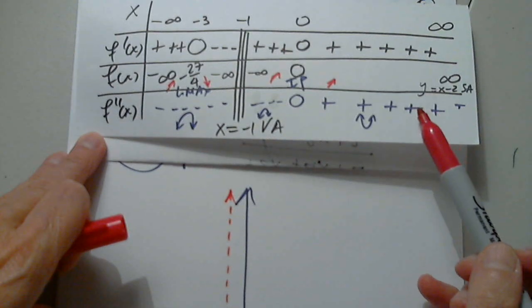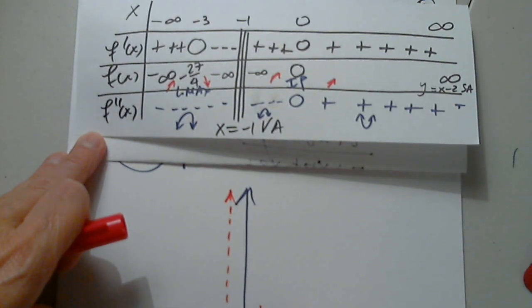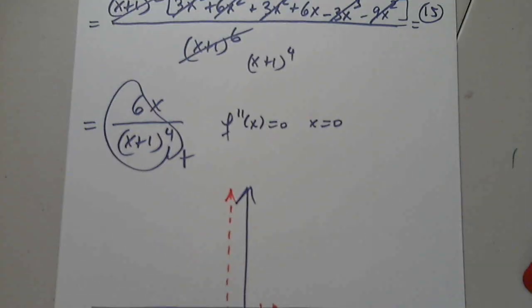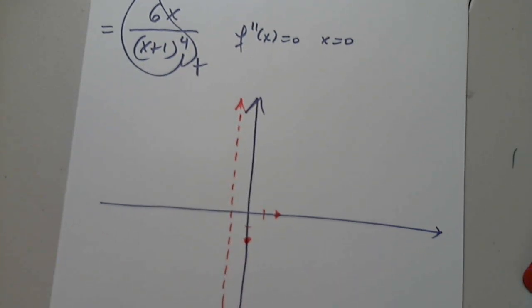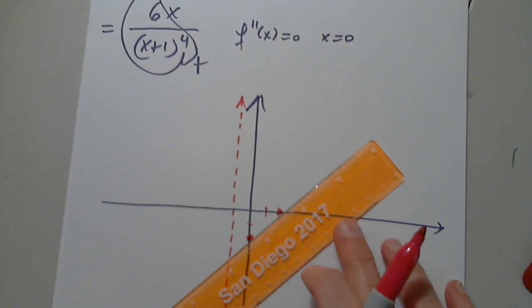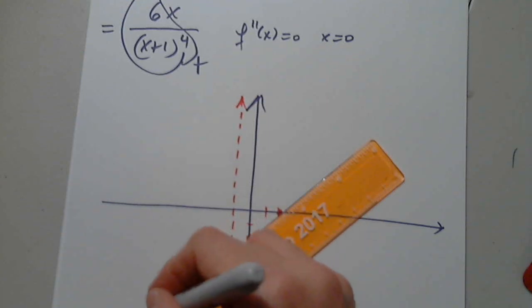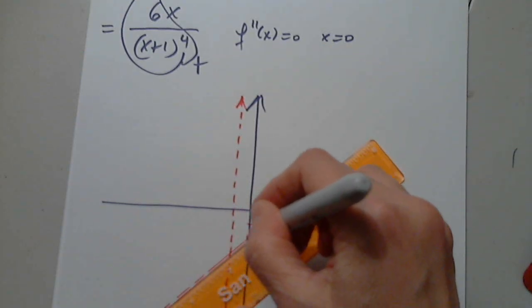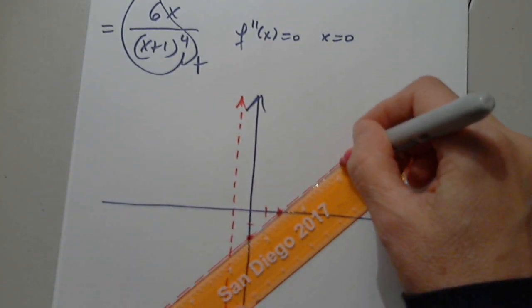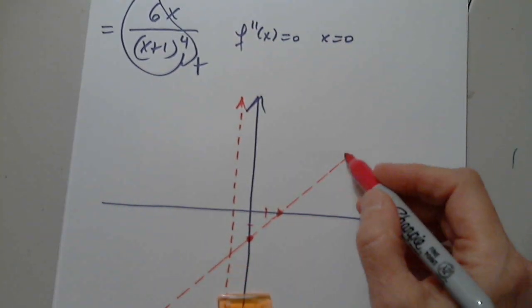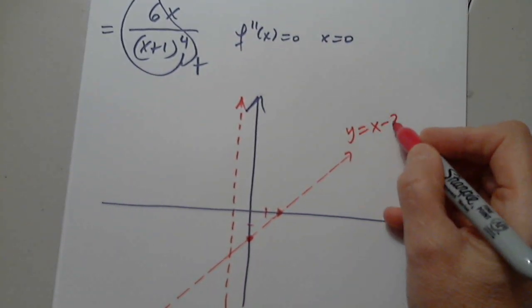And when y is 0, x is 2. y equals x minus 2.